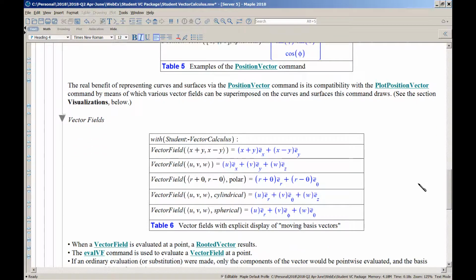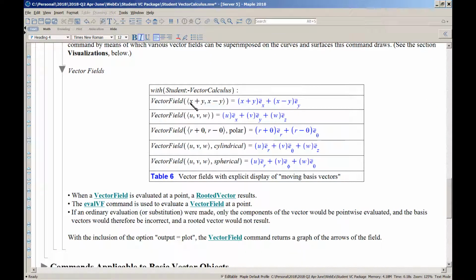And then vector fields. So let's create a couple of vector fields in which you see the E bar basis vectors. And those are the moving basis vectors. But here's the point about these moving basis vectors. They're just symbols. They do not carry the point dependency information that you would expect moving basis vectors to have.